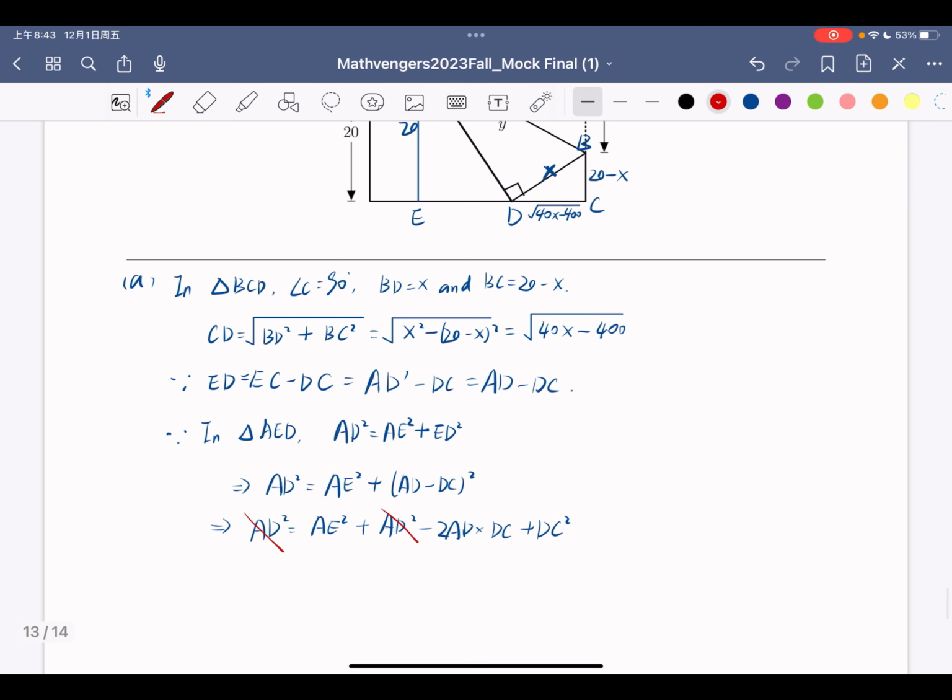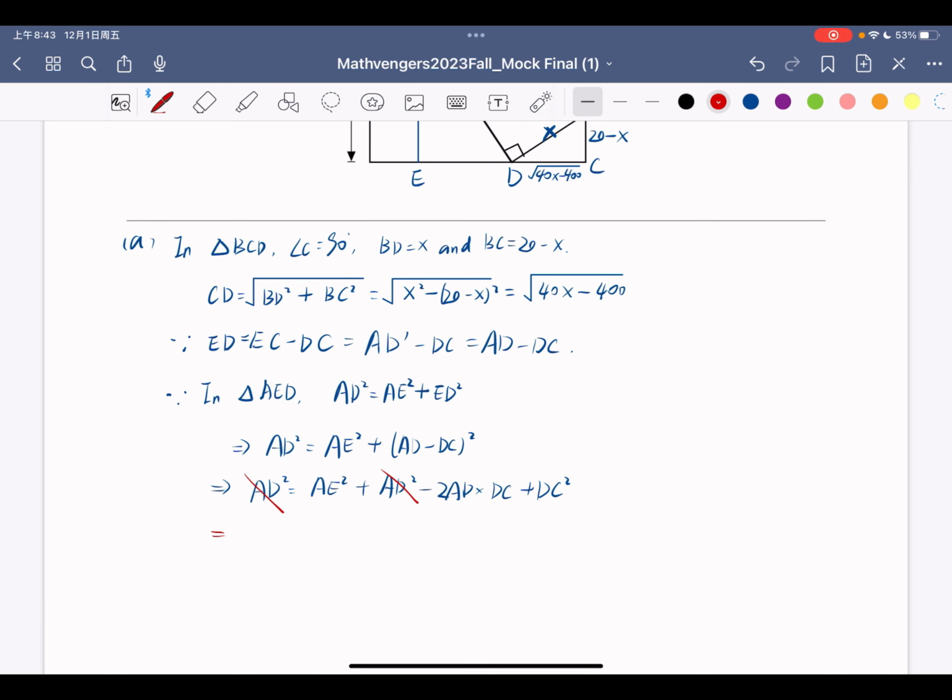So we substitute the value of AE is 20, so it's 400 minus 2 times AD times the square root of 40x minus 400, plus DC square. DC square is 40x minus 400.